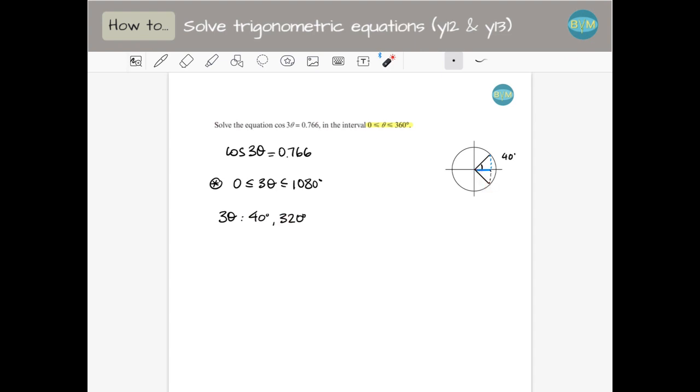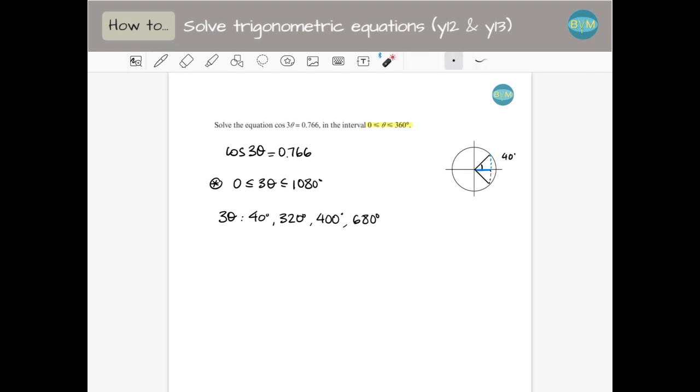So what I'm going to do now is add 360 and go around. So this angle here is 360 plus 40, which is 400. Then I can carry on because I am under 1080, and this one is going to be 320 plus 360, which is 680.